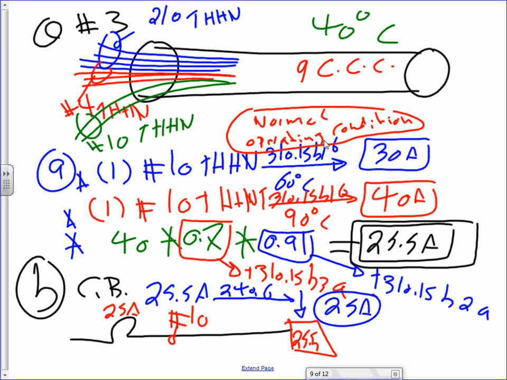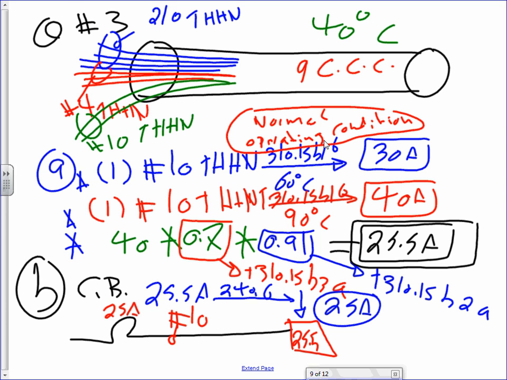So we went down to 25, assuming these are receptacles. If you're feeding a receptacle circuit or plugged-in lights, where you can plug external loads in, you go down to 25. So what's the circuit breaker size? Take this number, drop it down to 25. Any comments, guys? Any questions?